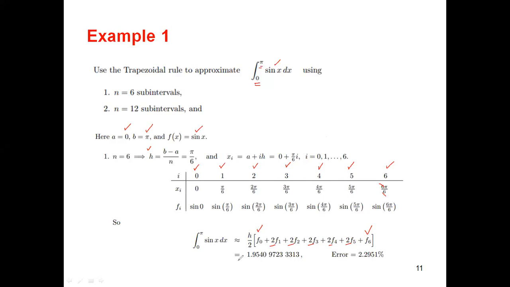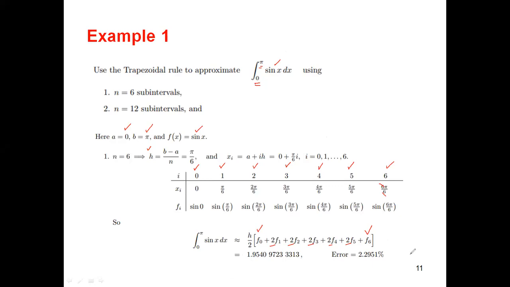So you now have 1.954 for the approximated area, using 6 trapezoidal divisions, under the curve sine of x bounded by the lines x equal to 0 and x equal to pi. Now the question: how was this error arrived at?